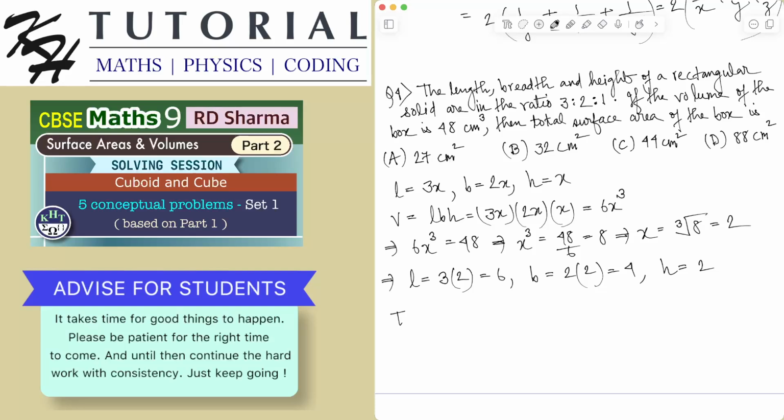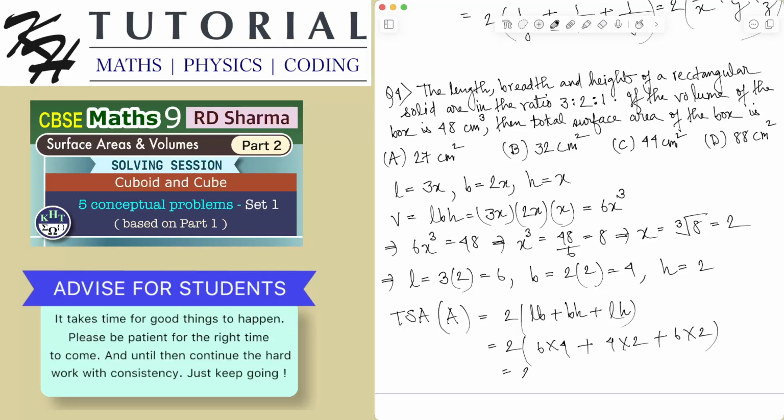Total surface area TSA, which is also sometimes denoted with capital A, we know is 2 into LB plus BH plus LH. This is equal to 2 into LB is 6 multiplied by 4, plus BH 4 multiplied by 2, plus LH 6 multiplied by 2.